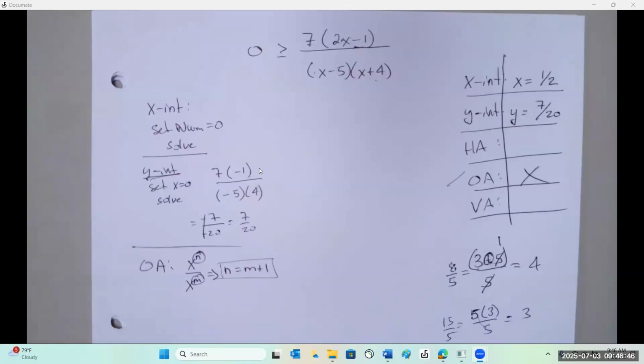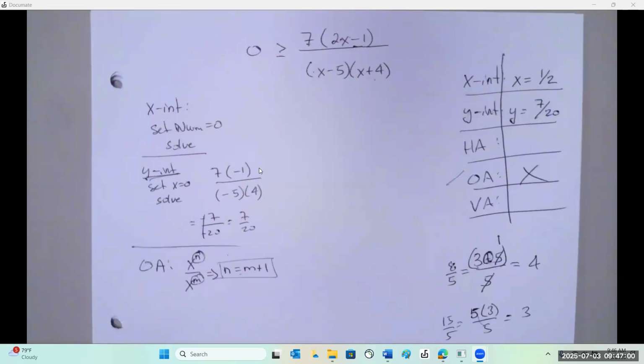See, there's lots of stuff. There's conditional information that you have to put in your notes. You have an oblique if you have one more x on top than the bottom. Then you do long division.